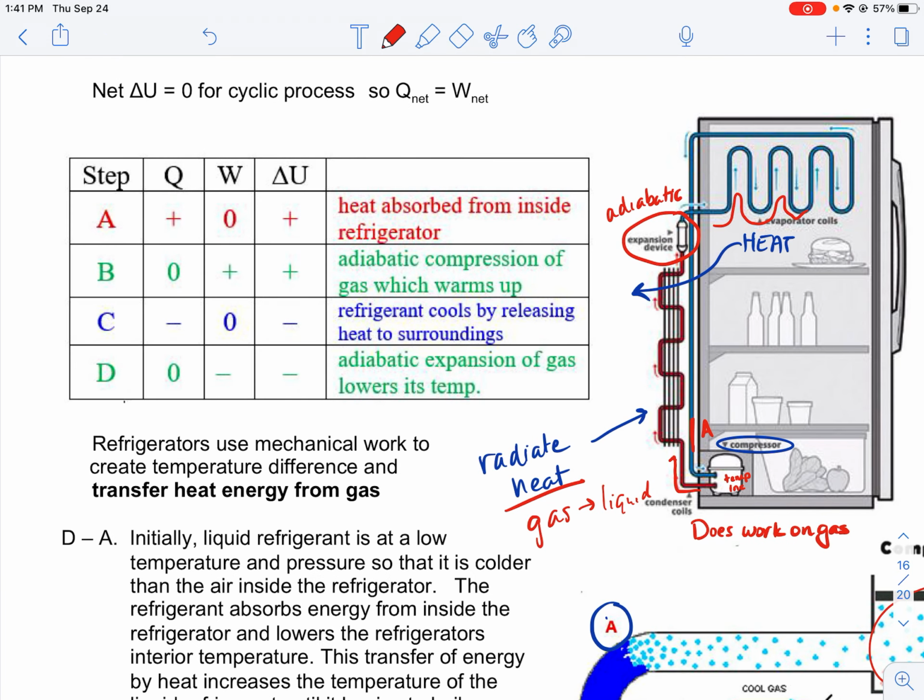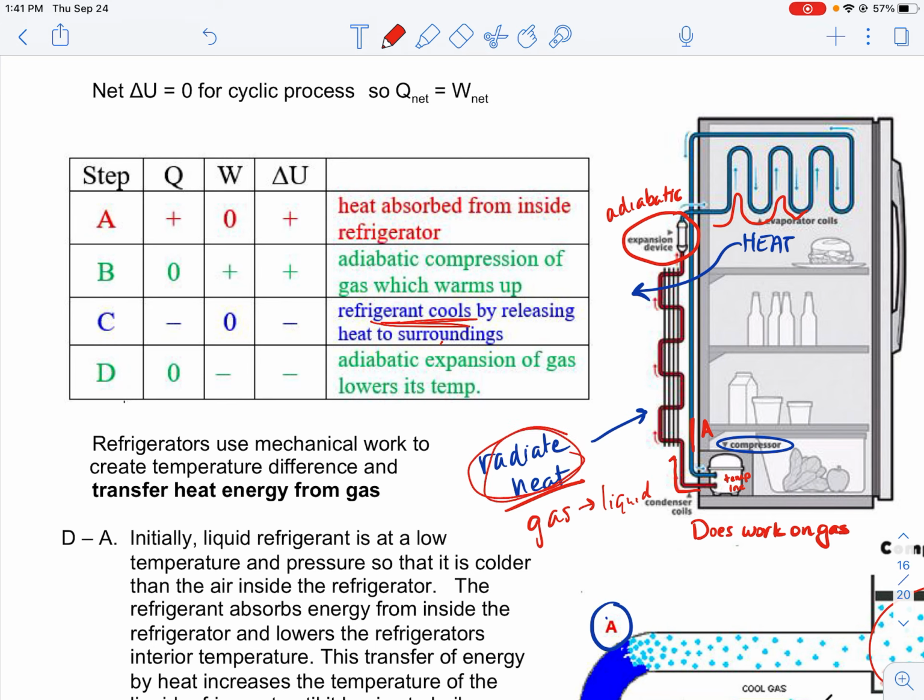So to summarize the 4 steps, step A, the heat is absorbed from inside the refrigerator. The gas is compressed in the compressor, which warms the gas up. The refrigerant then turns into a liquid when it cools, when it releases heat to the surroundings.